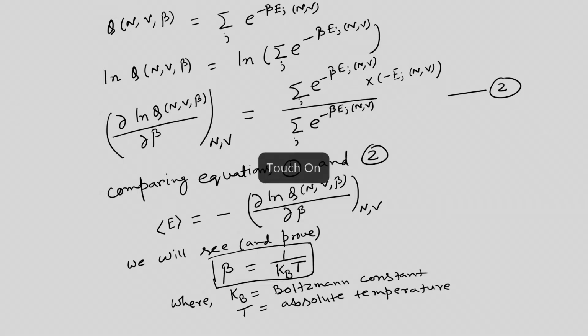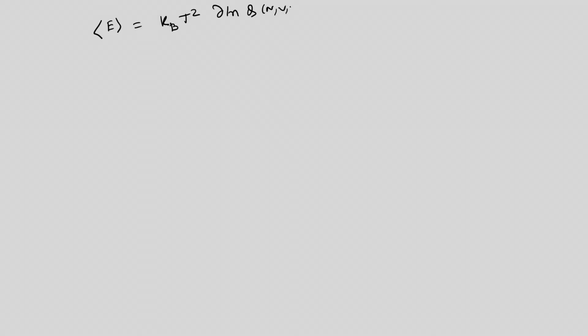So, in terms of temperature, we can write average energy E is kB T squared.